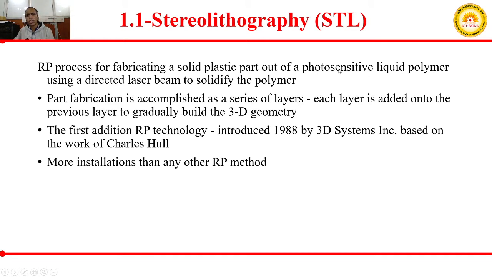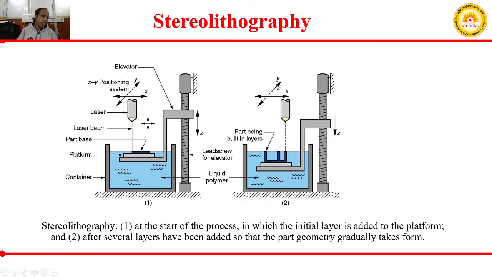These liquid monomers are photosensitive liquid polymers, and they have a property: when they come in direct contact with a laser beam, they get solidified. Using this property, we developed a setup which is called stereolithography.